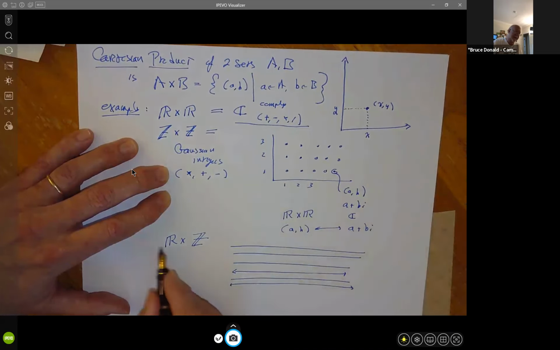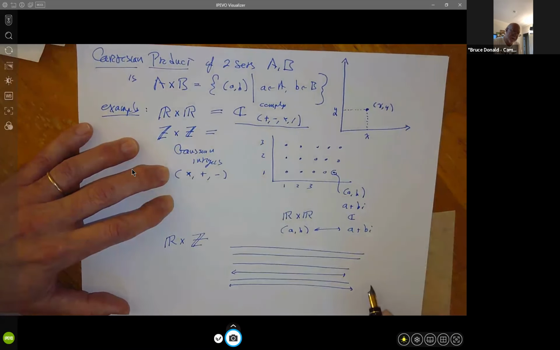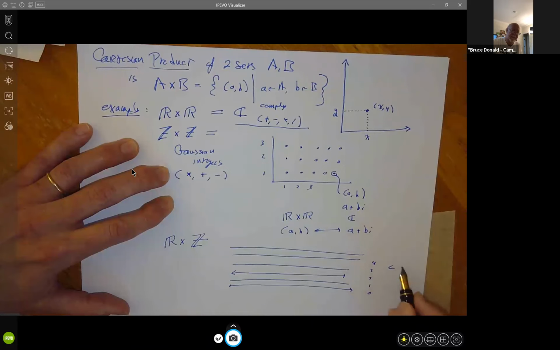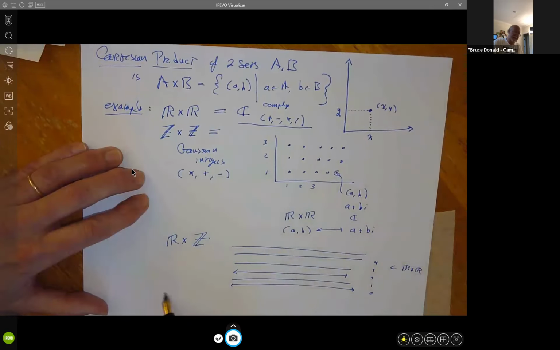They can be anything. The y coordinates are quantized, so we have them at 0, 1, 2, 3, 4. And of course, it is a subset of R cross R. So lines at every integer value was the good answer. All right, given that, and related to this question, what would Z cross R look like?